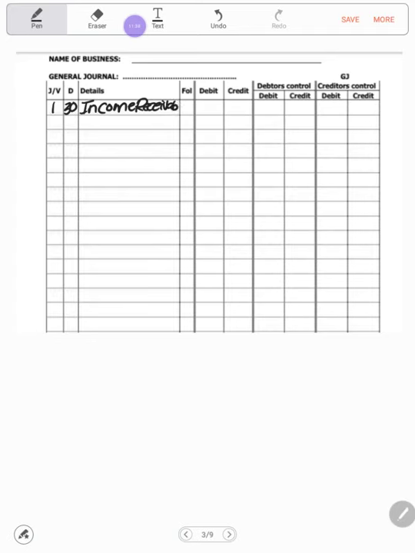It was given to you last week. It is an asset. Money that's still coming in, 1,350. Where's that money coming from? It is coming from your interest on your fixed deposit. Interest on fixed deposit, and that will be your account credit.